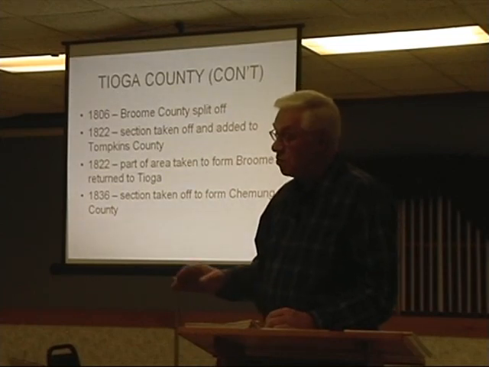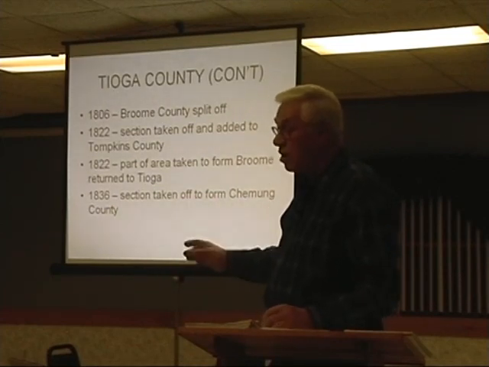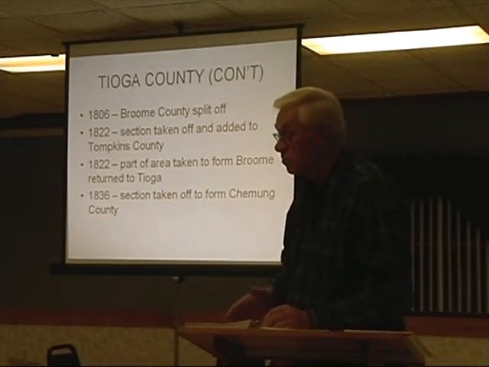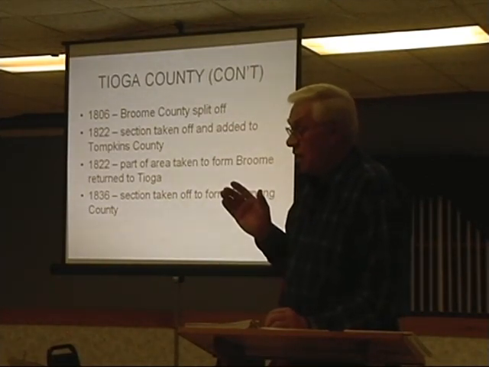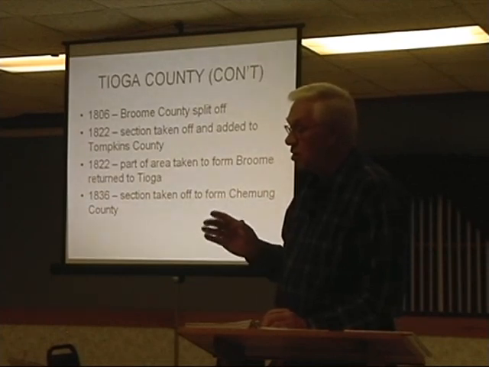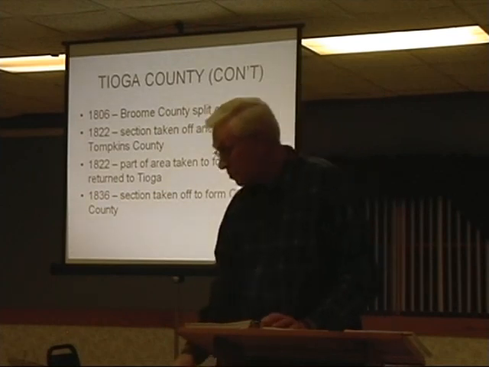And part of what had been split off to form Broome County was now put back onto Tioga County in 1822. 1836, another section was taken off to form Chemung County.